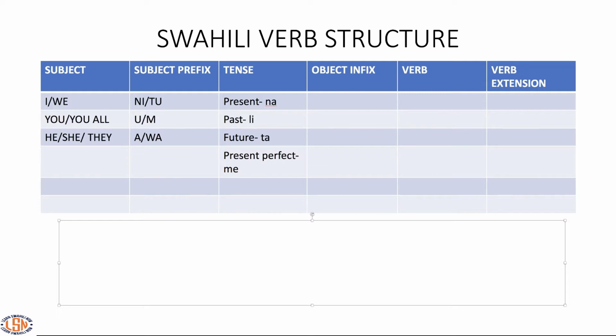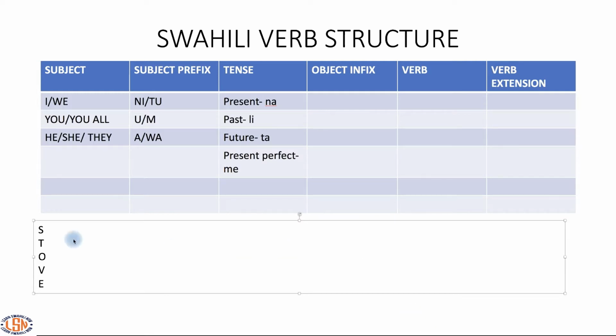So, today we are going back to the basics. We are talking about how to create a Swahili verb, and therefore, just looking at the basic Swahili verb structure. Okay, so in general, the Swahili verb will follow this particular formula. We call it stove.